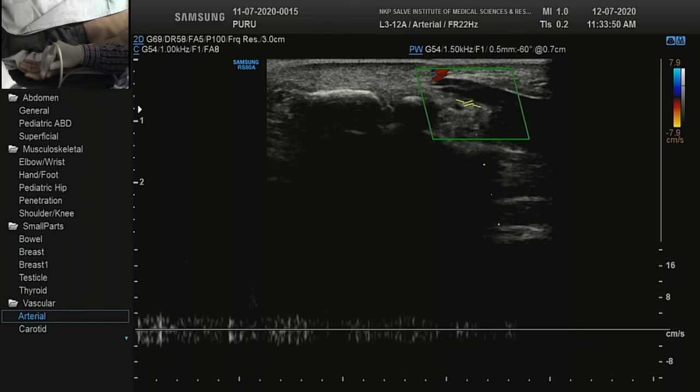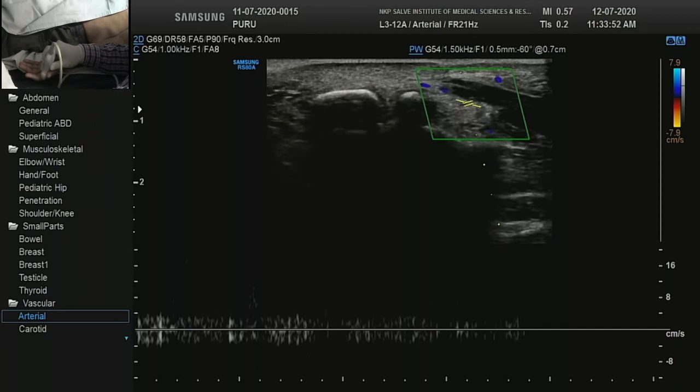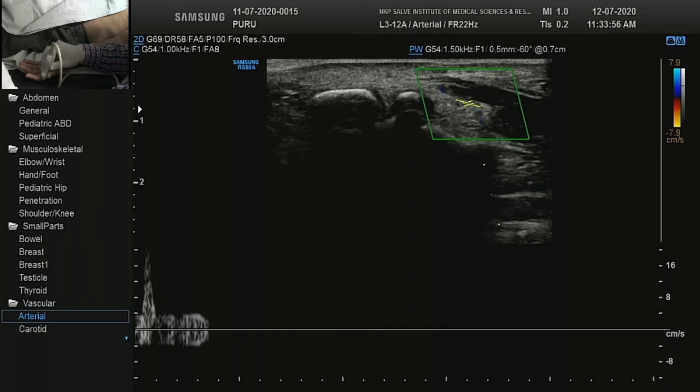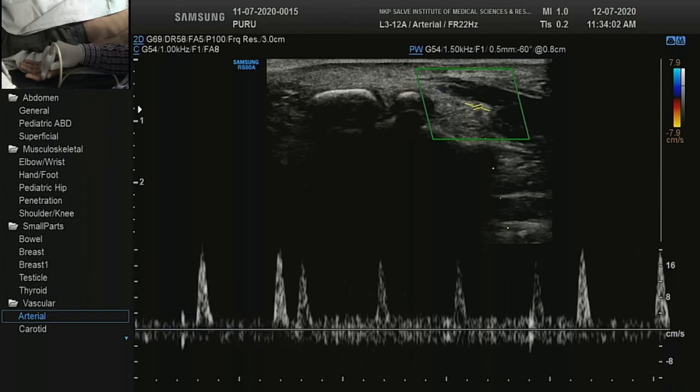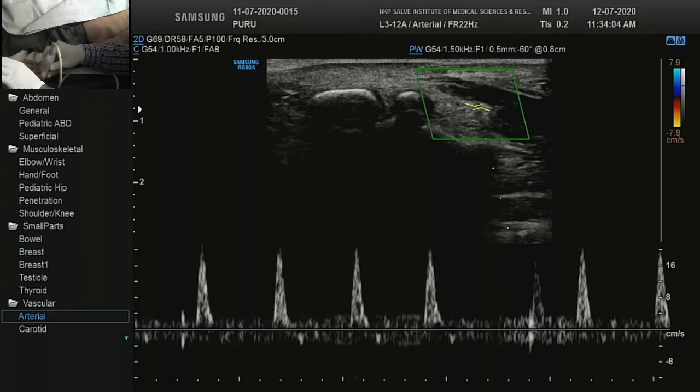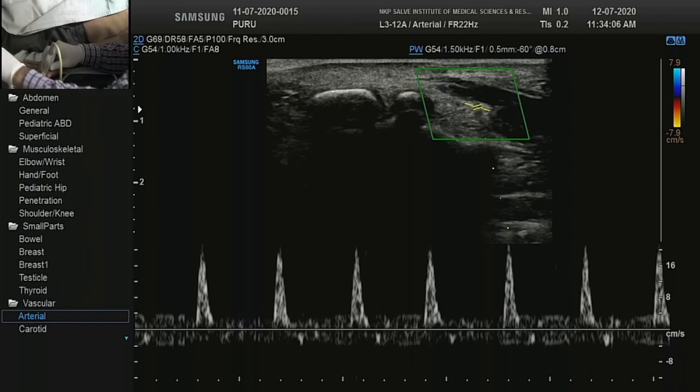Lost. See it again. They are very tiny vessels, but you can see them. Correct placement is required. This is almost triphasic flow.